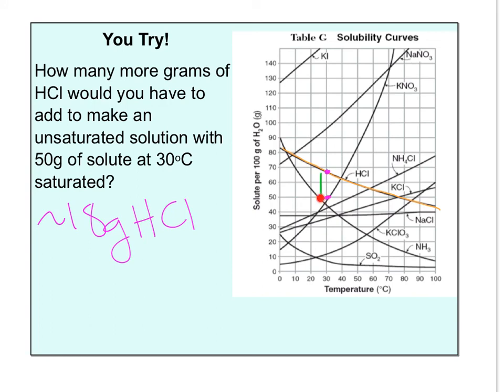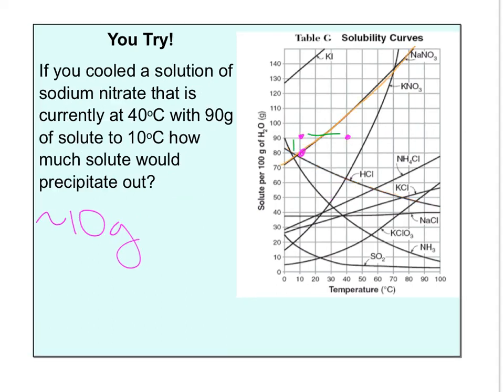The first point is your initial conditions, 50 grams of solute at 30 degrees Celsius, and that would be unsaturated because it's below the line. I was asking how many more grams you would need to add to make it saturated. Remember, saturated would be on this line. So at 30 degrees Celsius, to get on the line, you would need to add about 15 grams more of solute. So your answer would be around 18 grams.